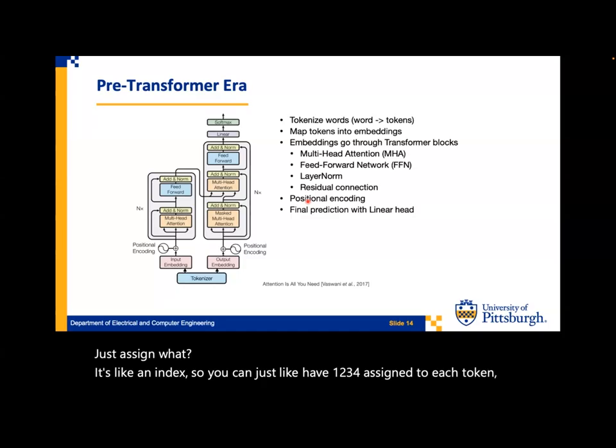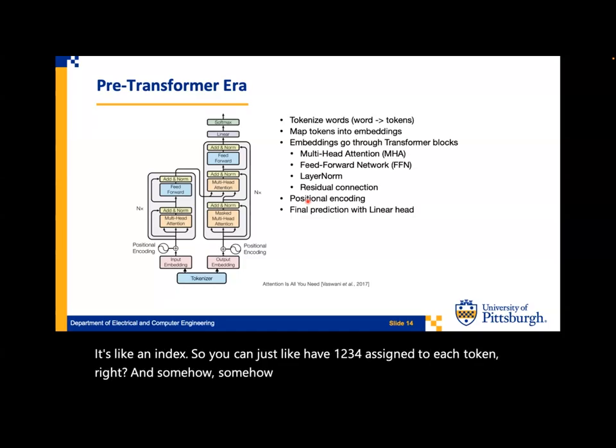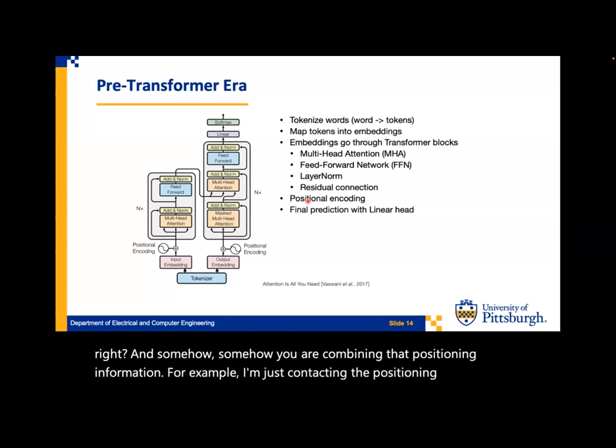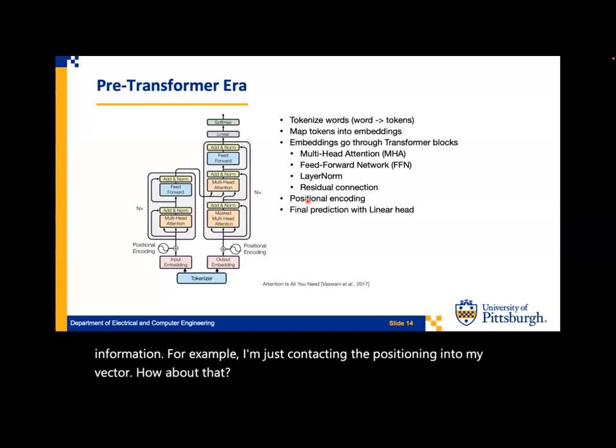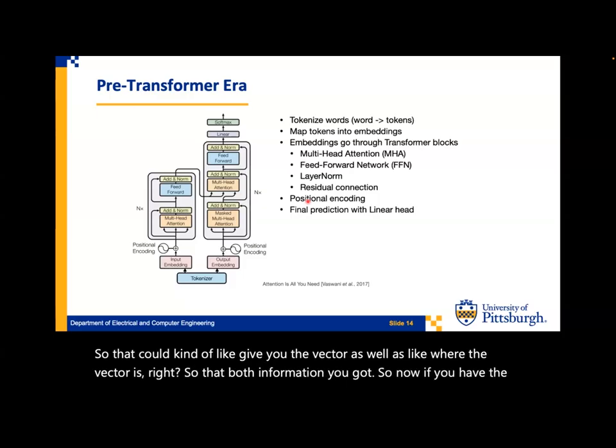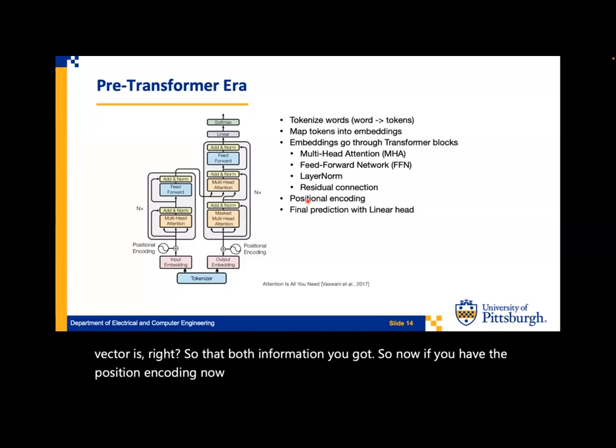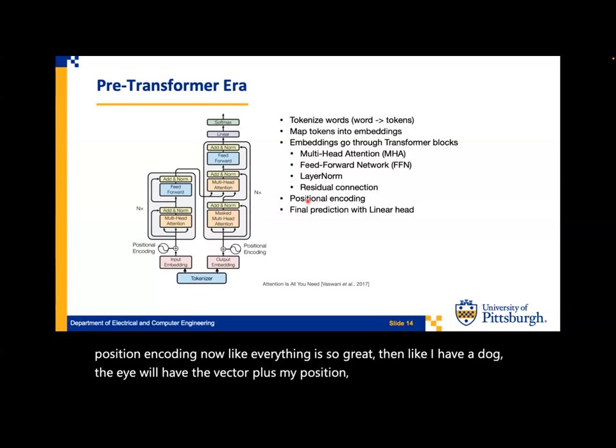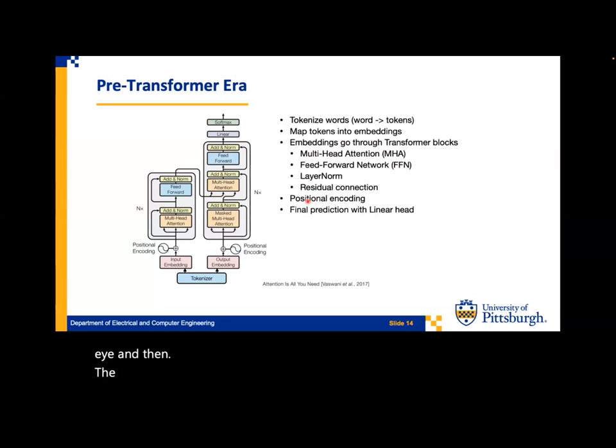And somehow you combine that positional information. For example, I'm just concatenating the position encoding into my vector. How about that? That gives you the vector as well as where the vector is, so you get both pieces of information. Then with "I have a dog," the "I" will have the vector plus its position. But in "dog has a I," the "I" will have a different position encoding.